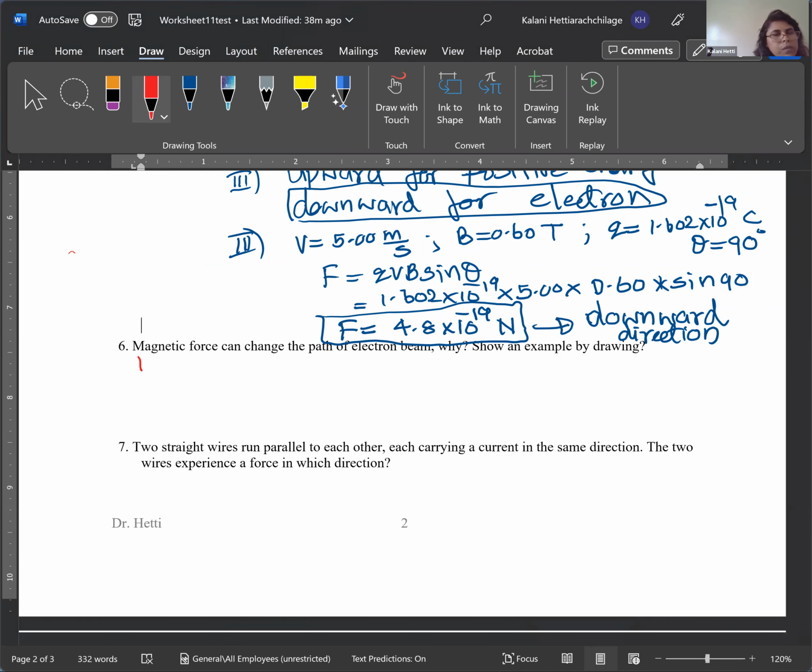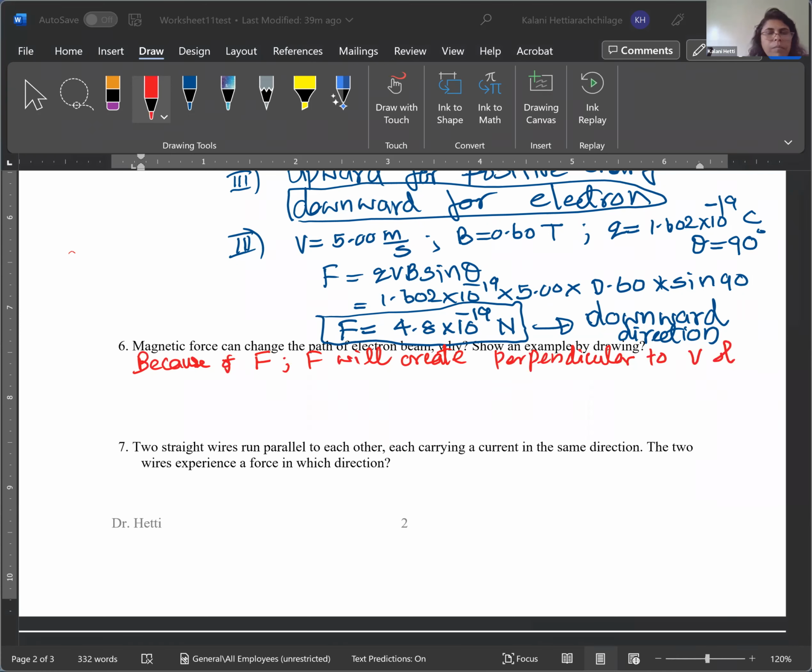We definitely know, because of F, F will be perpendicular to V, and V is the velocity, and the magnetic force.